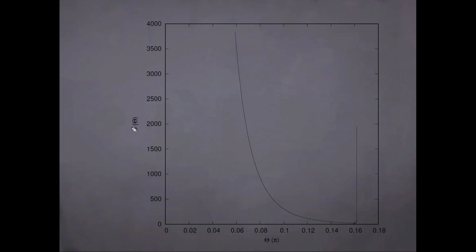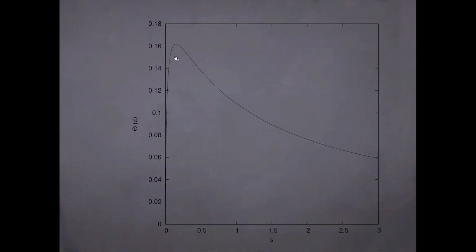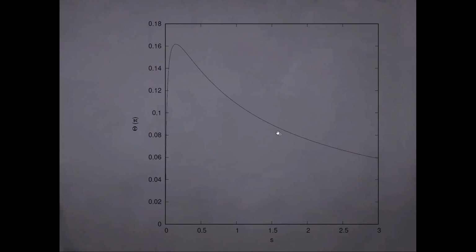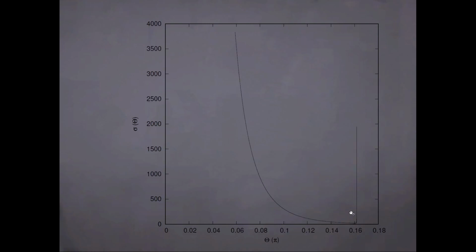And the differential cross section as a function of the scattering angle then has the behavior represented here. The peak seen at this value corresponds to the maximum of the scattering angle, and obviously for larger values of the angle, the cross section vanishes since there is no scattering at those values of the angles.